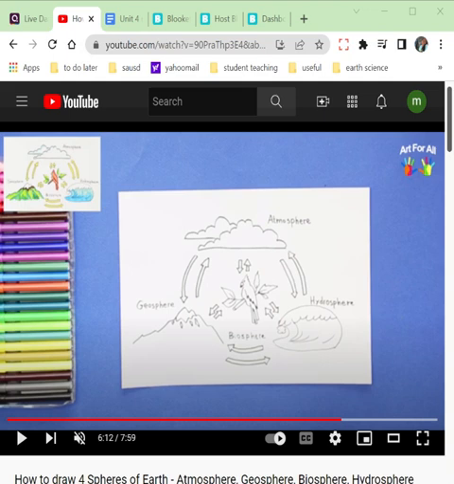Okay, let me try that again. Okay, I'm gonna draw maybe like an igloo to represent the ice.